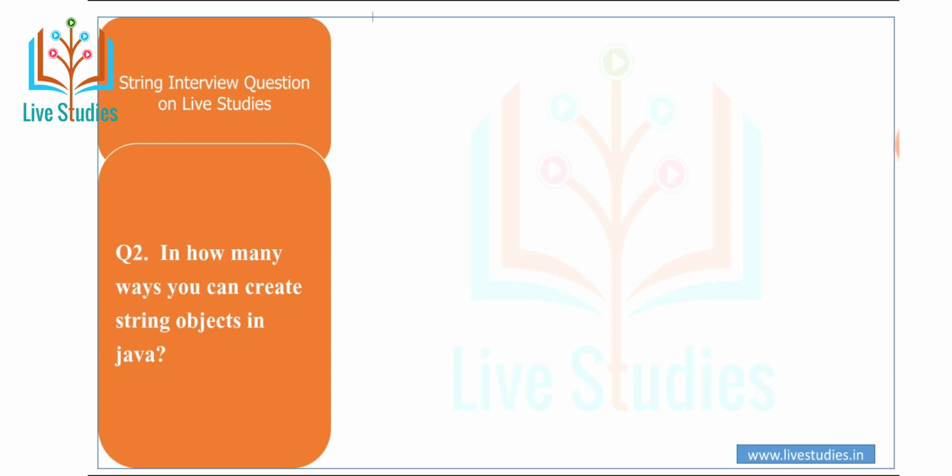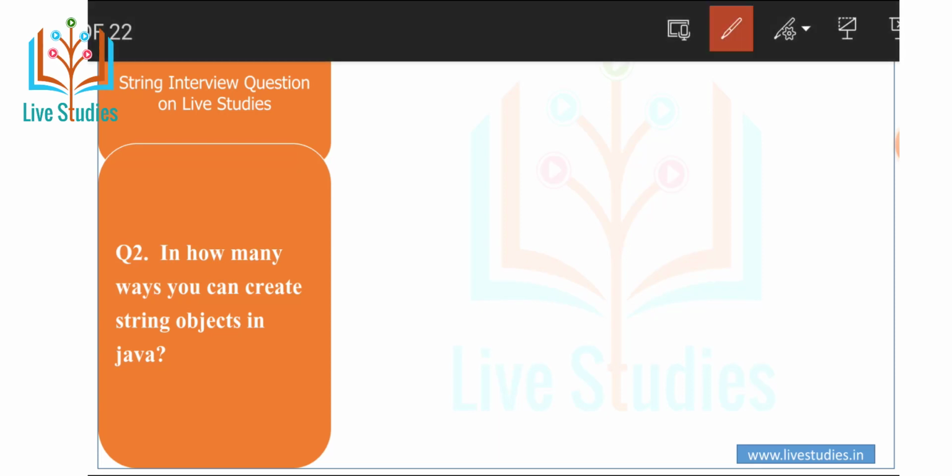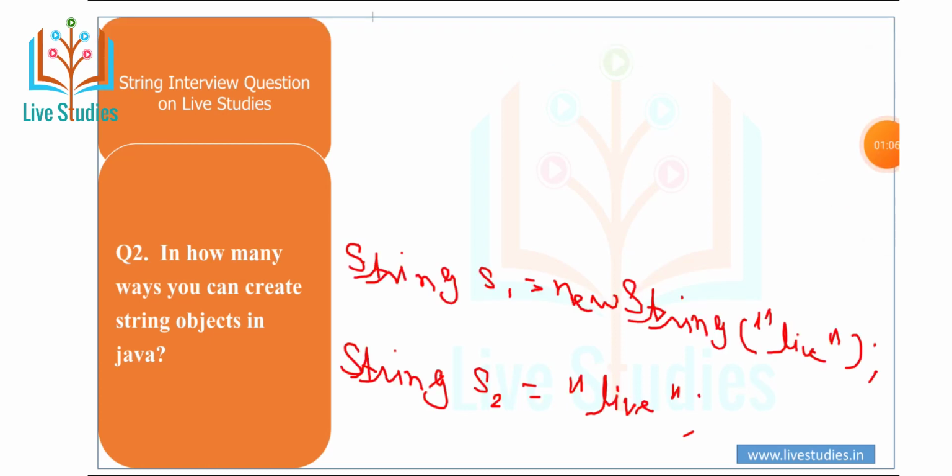The first one is String s1 = new String("live"), where you can pass an argument, creating the String object using the new operator.